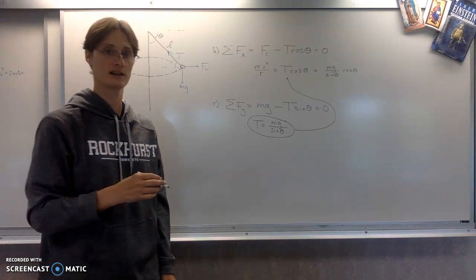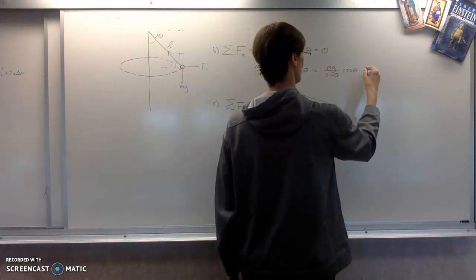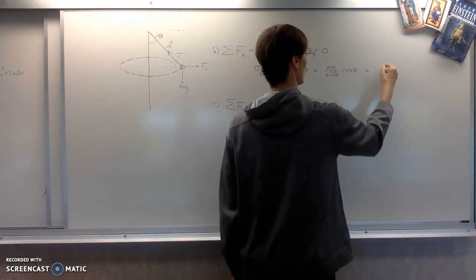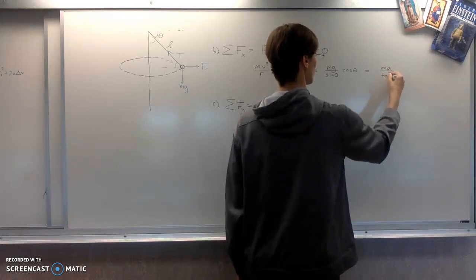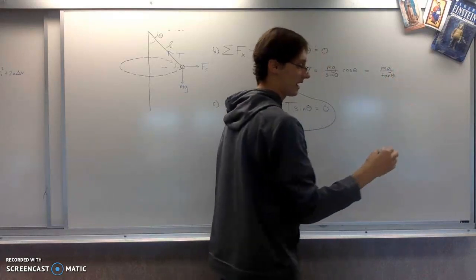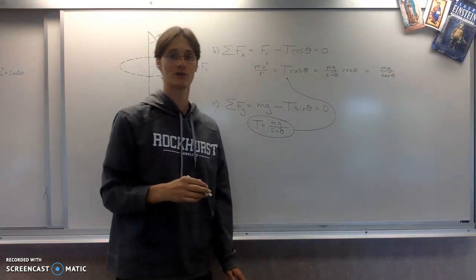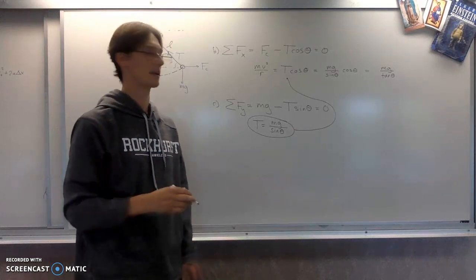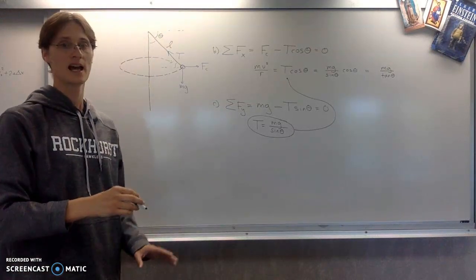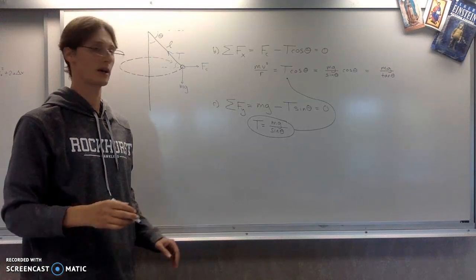You absolutely can. We could turn this into mg over tan theta. Or if you prefer, you could also say it's mg cotan theta. If you're not okay with secant and cosecant and cotangent, don't worry about that. You may not have seen those yet in your math class, I don't know. Mg over tan theta is just fine by me.